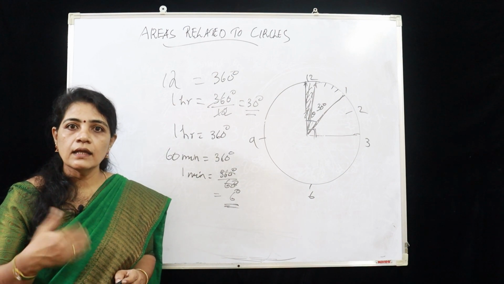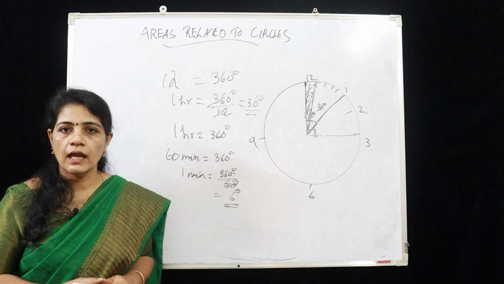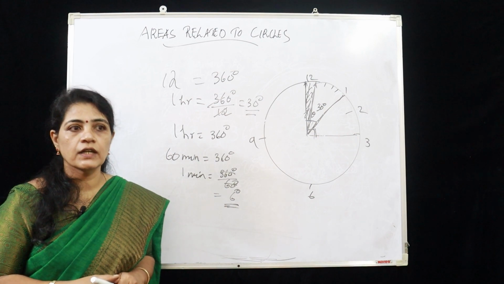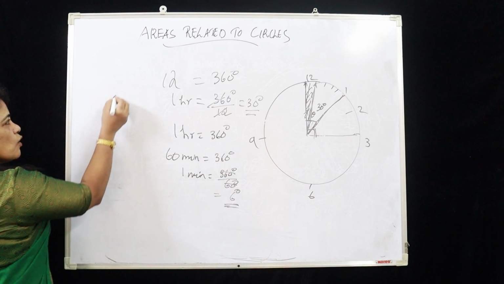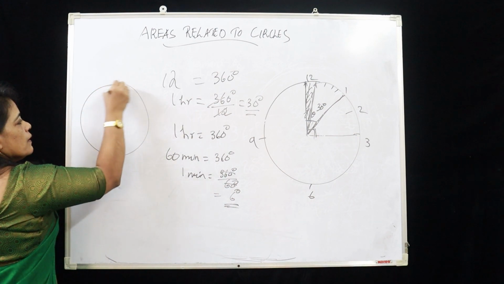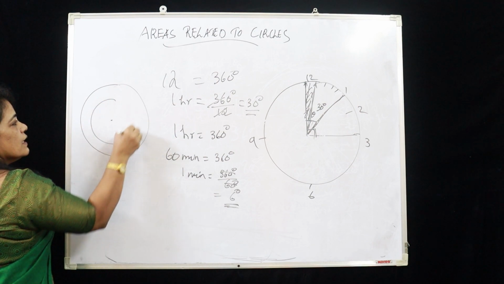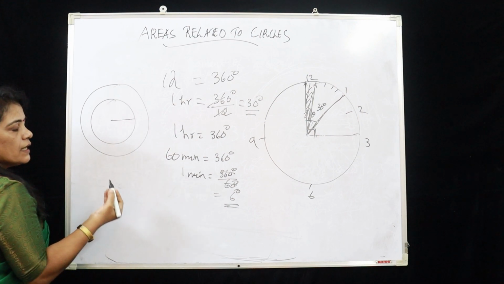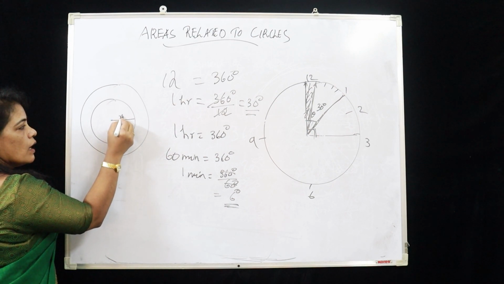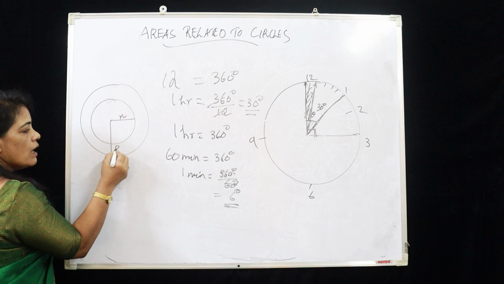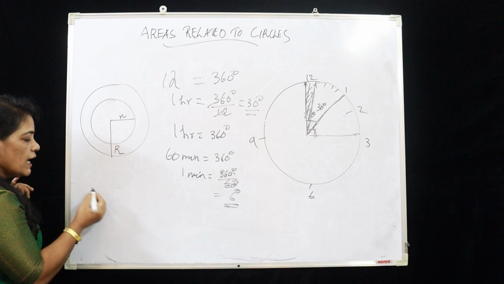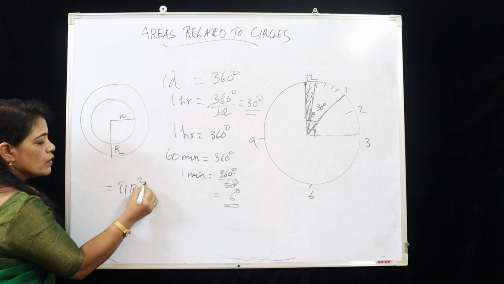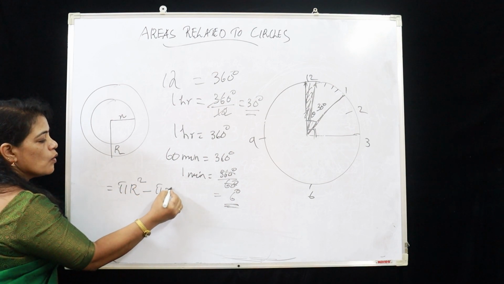Another very important point is that we already know how to calculate the area of the ring. The ring is formed by concentric circles with different radii. If the inner circle has radius small r and the outer circle has radius capital R, the area of the ring is pi capital R square minus pi small r square.